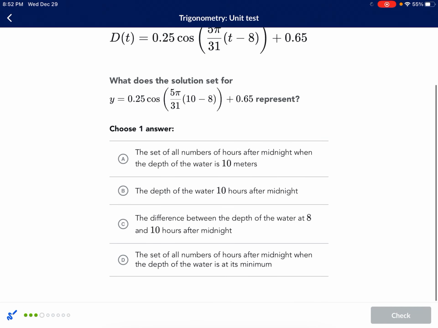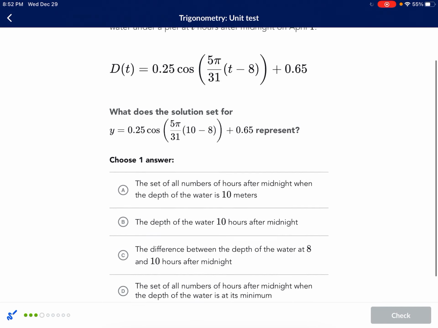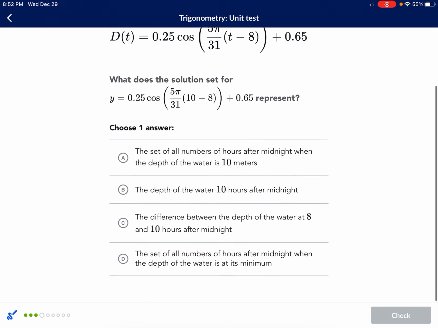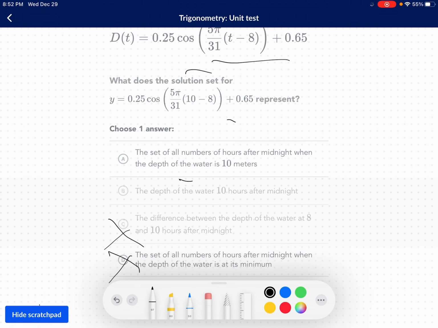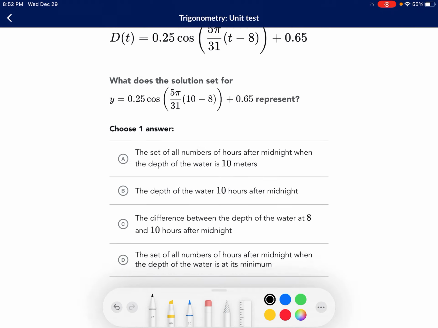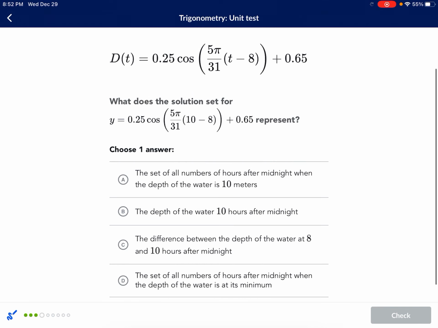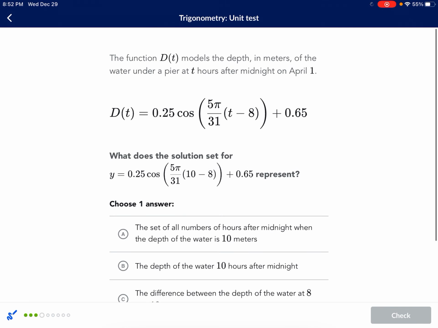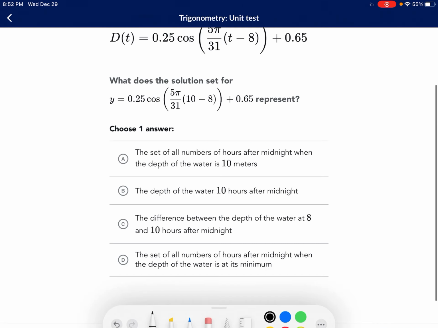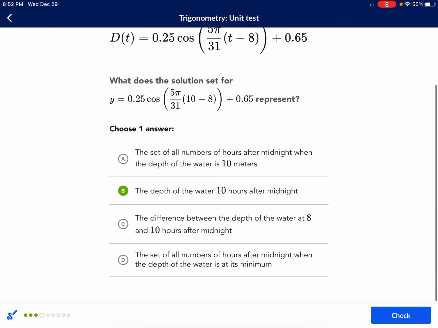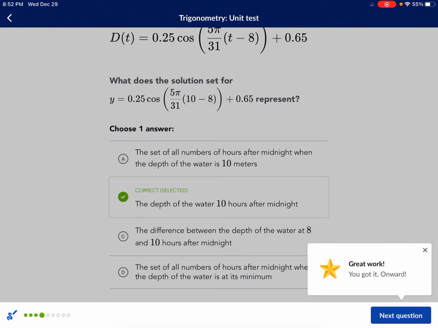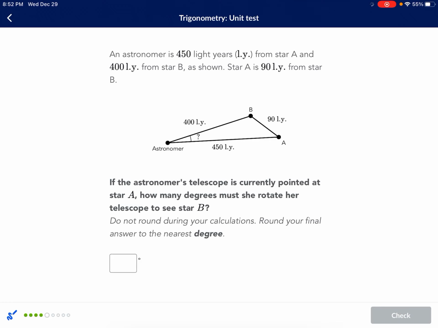Like, there is no difference here, right? Nope, not C, not D. Wait, the set of all numbers of hours. The hours is given, so it's not C and D. The meters is not given, so it has to be B. Nice.